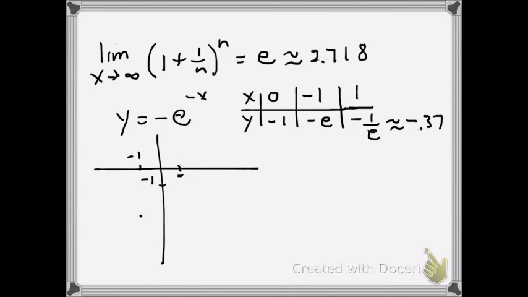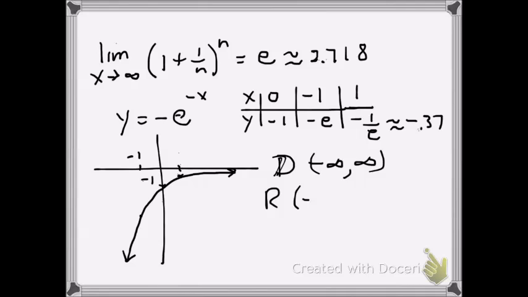So here's a graph, turns out to be an increasing function now, with domain all reals, and our range from minus infinity up to 0, and horizontal asymptote at the line y equals 0, which is the x-axis.